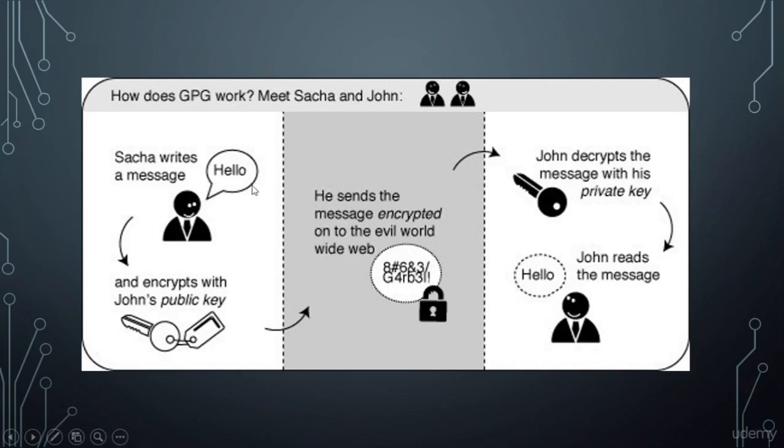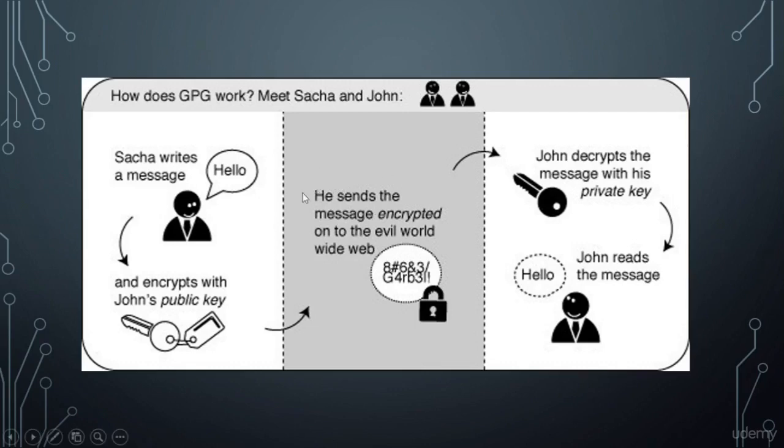John has sent her his public key, and she has encrypted the message with it, and then she has sent the encrypted message through the deep web or the dark net. John then receives the encrypted message or file and decrypts it with his private key, which only he has, and only he can read the message then, which is hello.